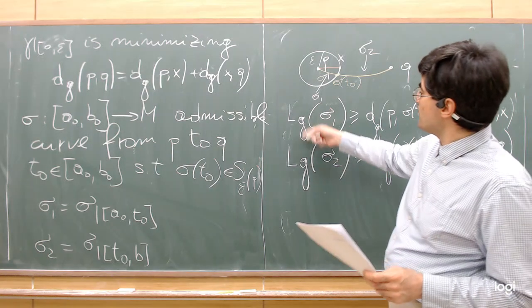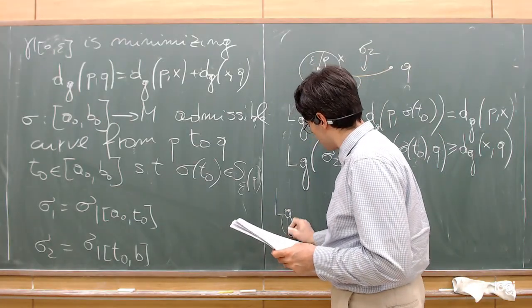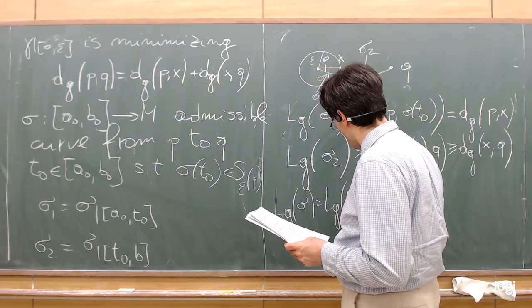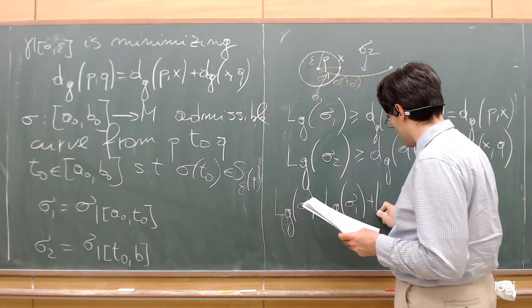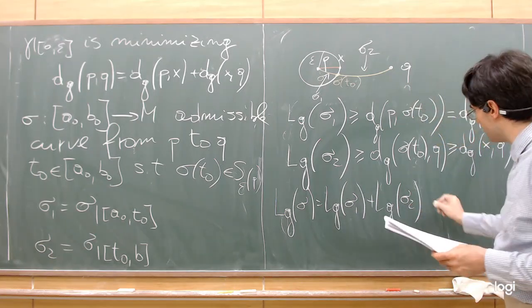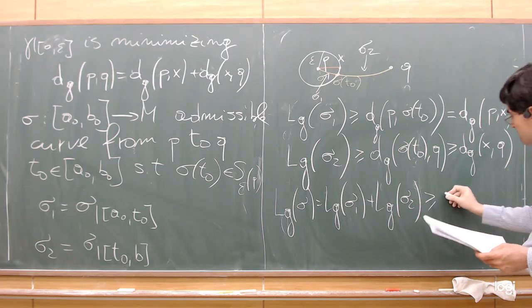Then if we sum, we get that the length of sigma, which is the length of sigma 1 plus the length of sigma 2, is larger or equal than the sum of these two distances.